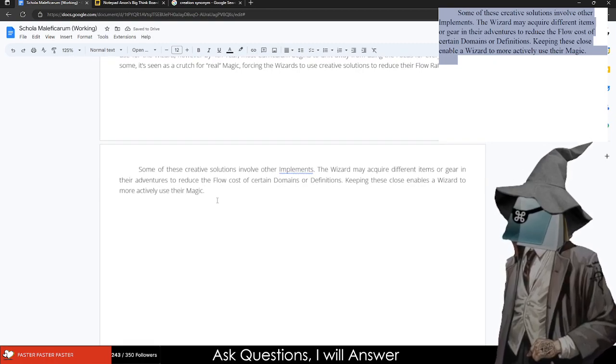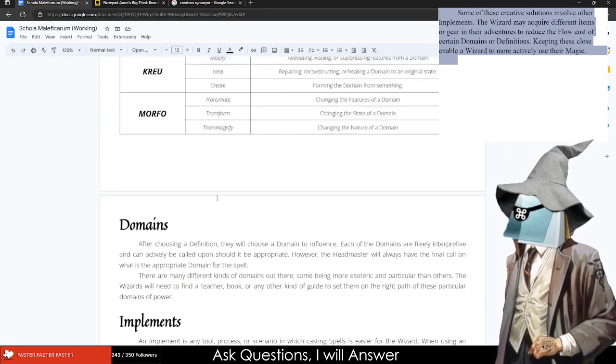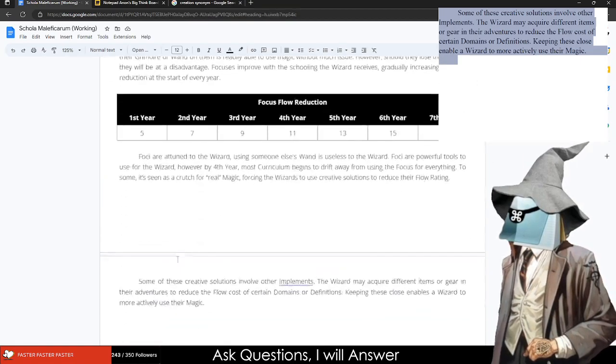How do I want? Unless we put a second example in there, unless we put the Carlos and the Scrying Eye example.